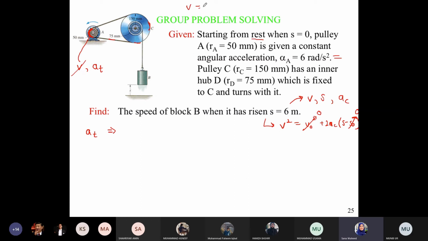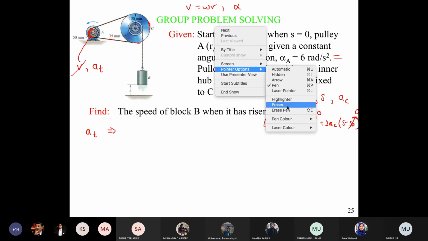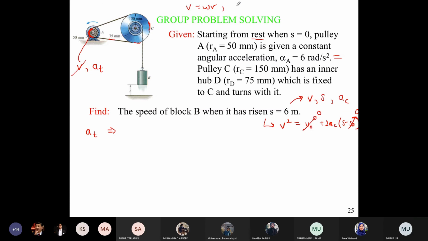V is equal to omega R. Then A tangential, the acceleration which is in the velocity's direction, and both are tangential, the velocity and A_T. Its expression is very similar to V: V had omega R, so the acceleration in the velocity's direction is alpha R. The normal component is the other one, omega squared R. That's how I've memorized these.